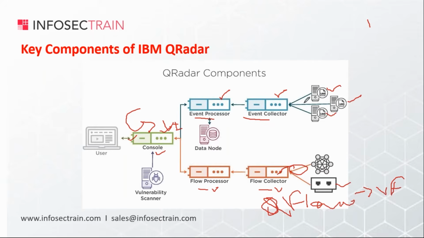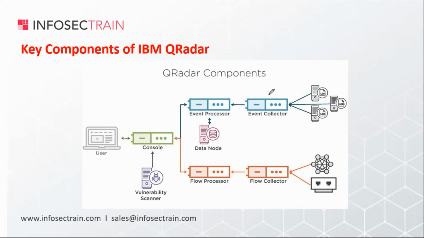It not only collects the logs, it normalizes the logs, and then it bundles similar logs, which we also call coalescing. It is one of the features where if there are multiple logs with similar activity, similar events, it can apply coalescing and bundle those similar events. So from collecting, normalizing and bundling, the event collector can do the job, and right after that it forwards those logs to the event processor.